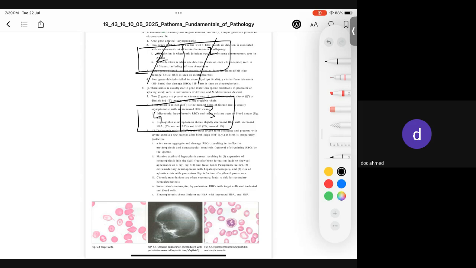But in the two deletion, we have two cases. Either both can be deleted on this single chromosome, or one can be deleted from this one and the other from this one. If we delete both on the same chromosome, that's cis. If we delete one from this chromosome and one from the other chromosome, that's called trans.